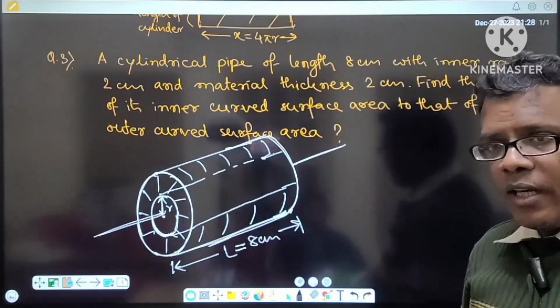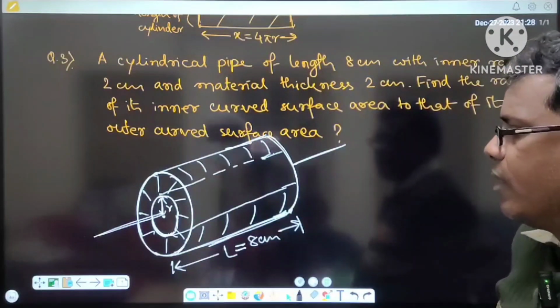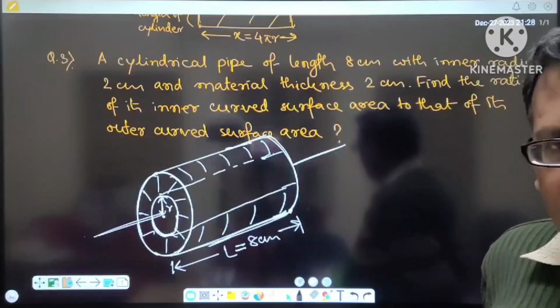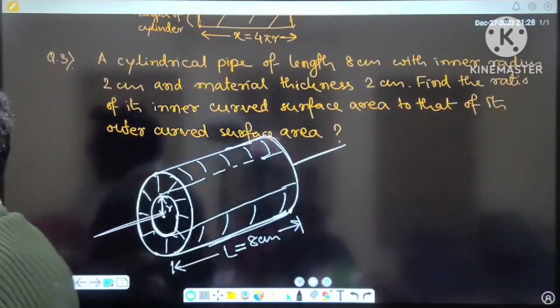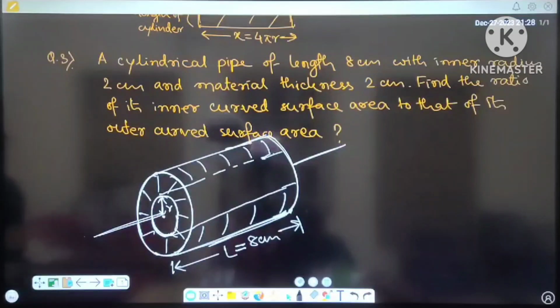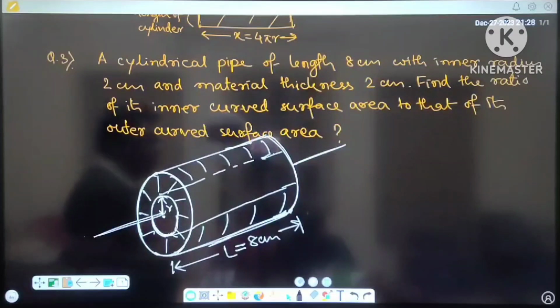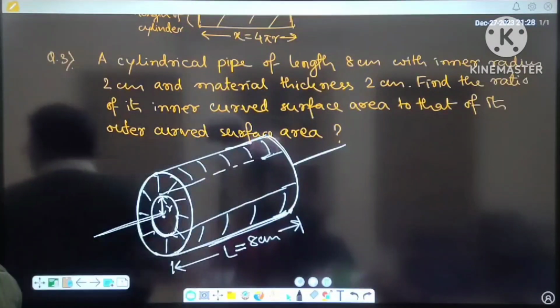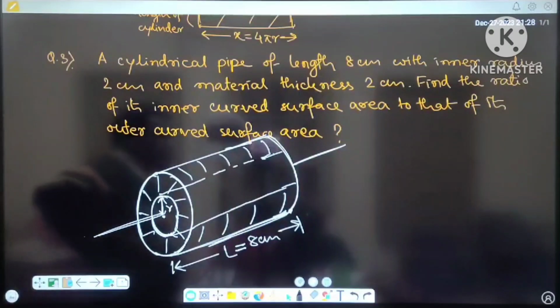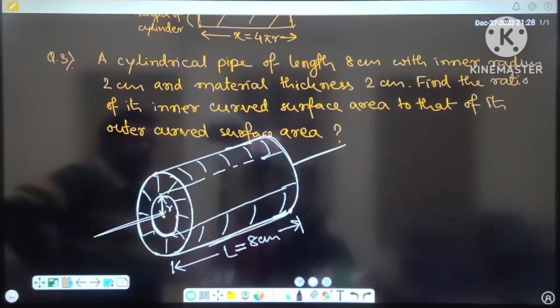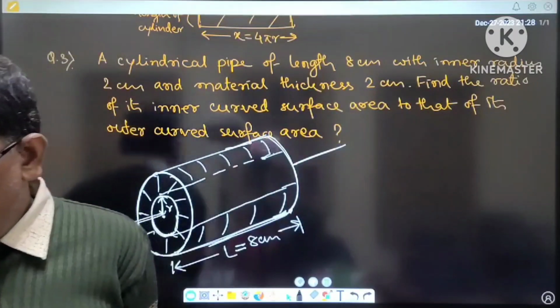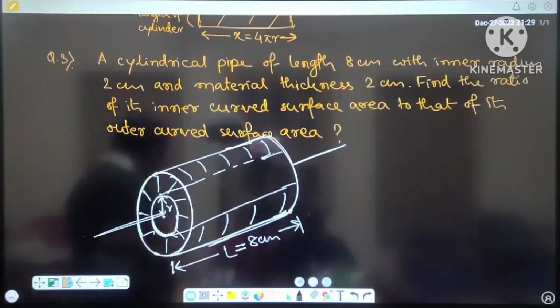Okay, a cylindrical pipe with the material thickness known, inner radius known, length known, and then you need to know about the ratio of the curved surface area. Ratio of the inner curved surface area to that of the outer curved surface area. That ratio you need to know.